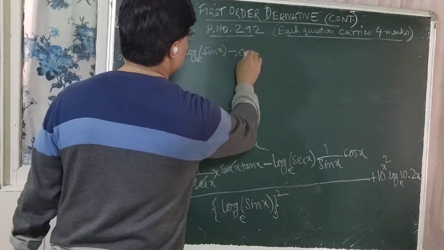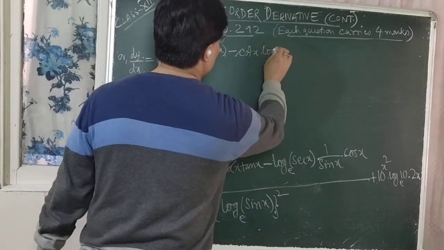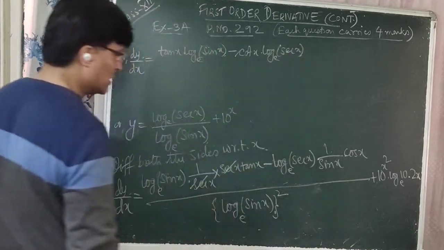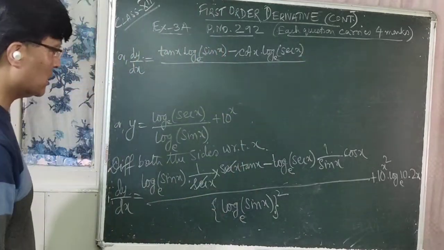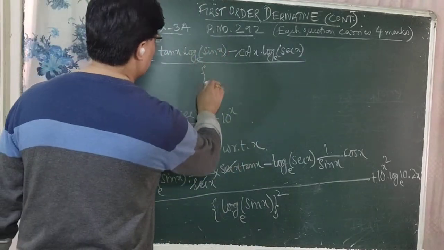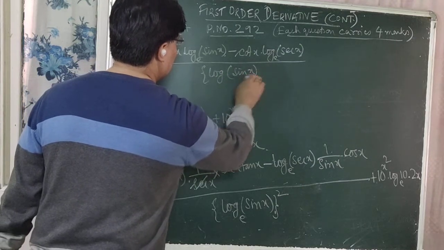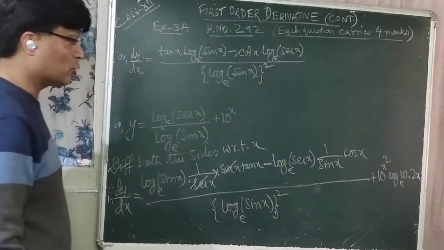It is cot x into log of sec x, the base is e. So whole divided by, in the denominator, denominator whole square, that is log of sin x base e whole square.